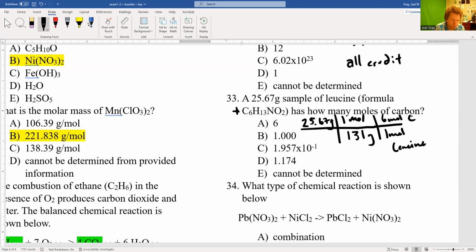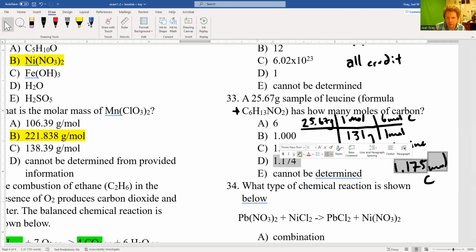So I would say 25.67 times 6 divided by 131 is 1.175 or 1.18 moles of carbon, which, looking at our answer options, our best answer is D. So for 33, the best answer option is D.